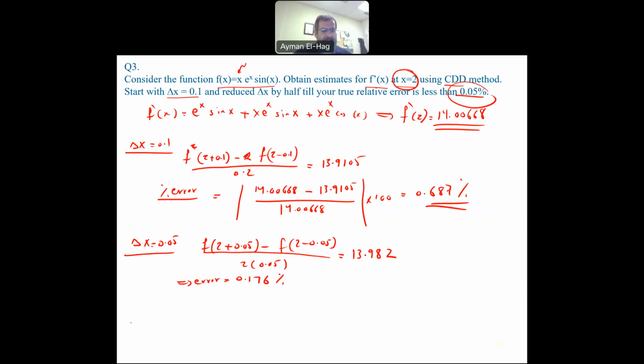Still we did not reach it, and finally at delta x equal to 0.025, you will get that your derivative using the CDD method is equal to 14, and from this your error will be equal to 0.0477%, and this is less than the required accuracy, and basically we will stop at this level.